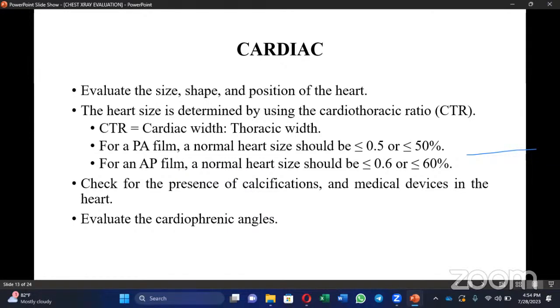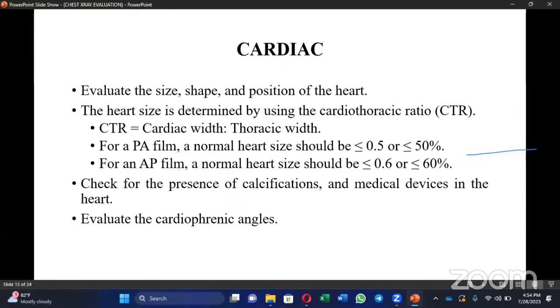The reason why AP cannot be the standard for assessing the heart size is that whenever we are taking the PA film, the patient's back is always against the image receptor, and then we shoot from the anterior part, and the radiation exits at the posterior. So the anterior thoracic structures are further away from the image receptor, and we have the heart in there too.